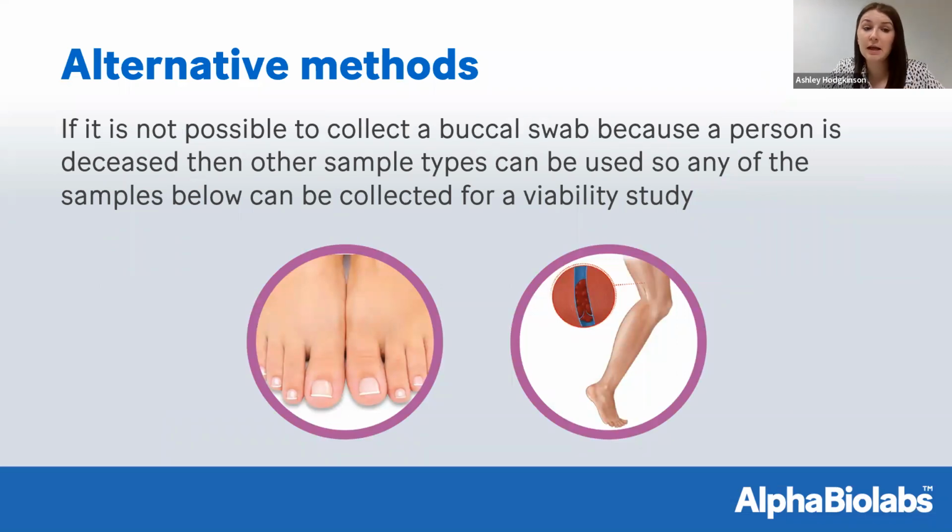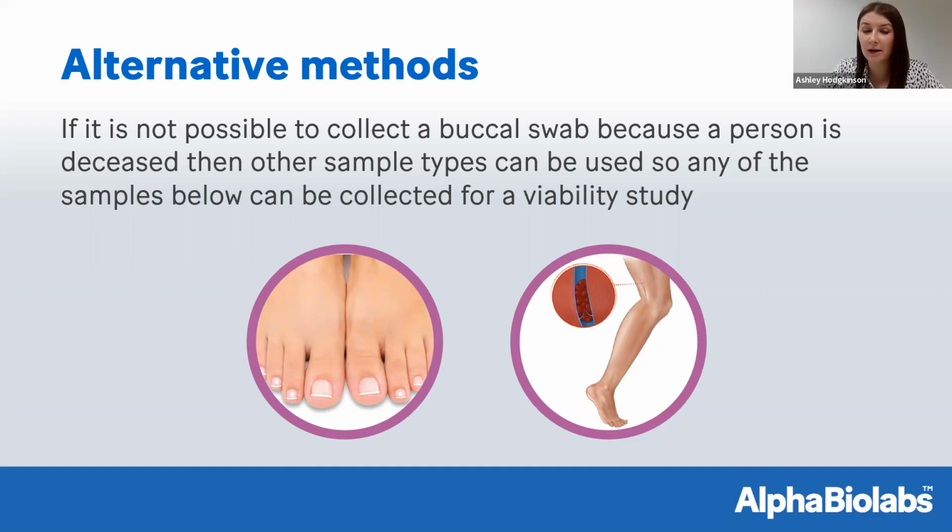Alternative methods. Unfortunately, we do come across cases where alleged fathers are deceased or other family members are deceased and we need to do testing for them. It is possible, and I would always advise you to give us a call on these cases so that we can discuss sample options and what's available at the time, whether they have already been buried or they're currently waiting for the funeral to take place.